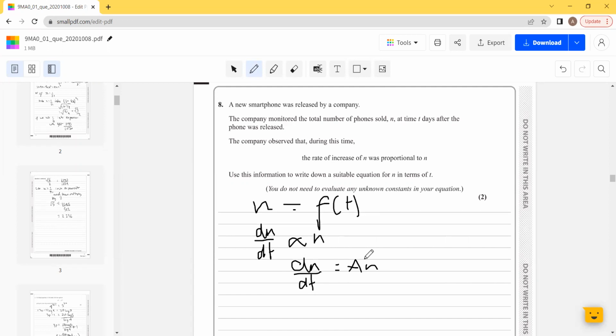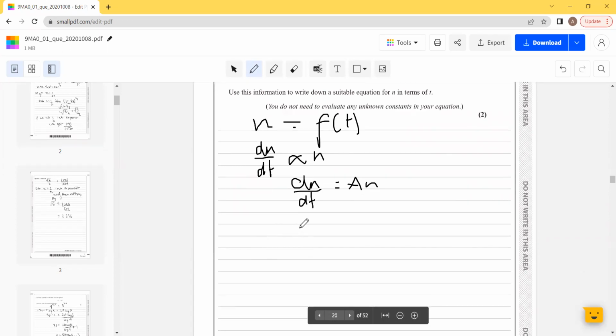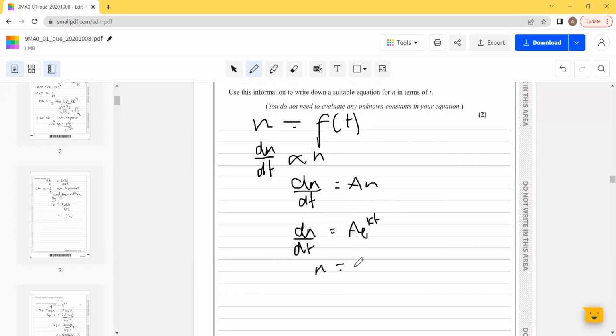If I did this by solving the differential equation, I would get that n is a e to the kt, and that is the answer.